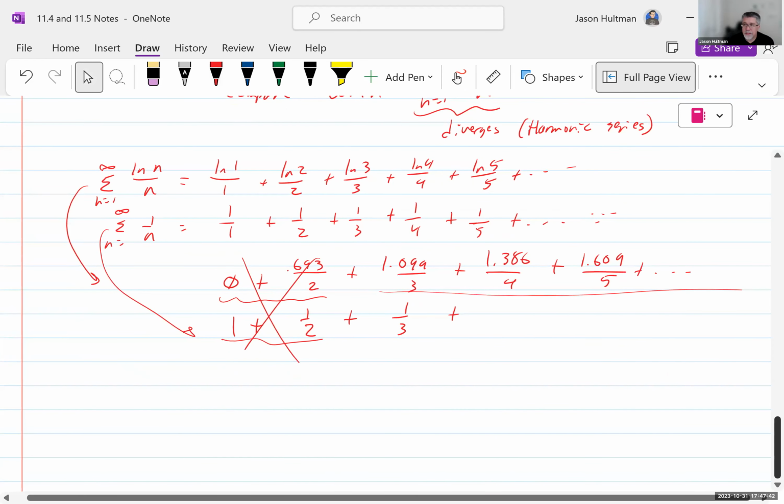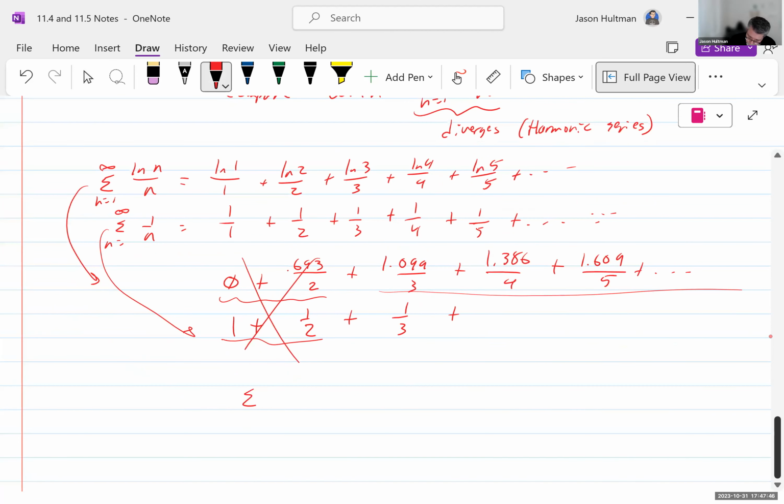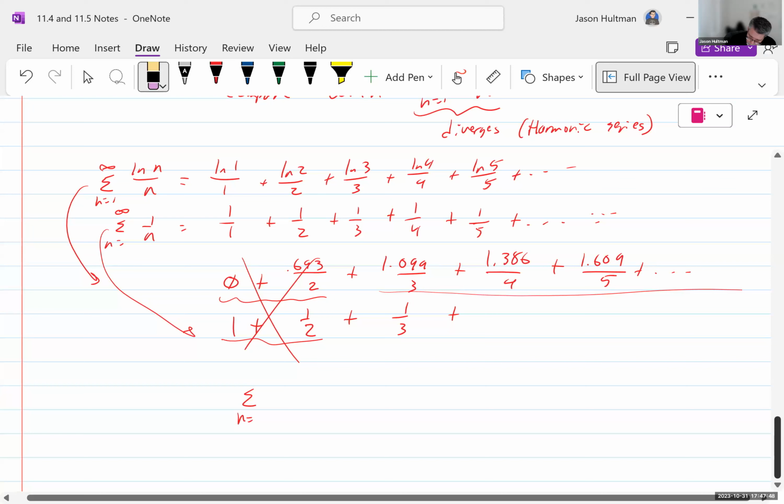Well, instead of starting with 1, I'm going to start with 3. And I'm going to say, from n equals 3 to infinity, it's okay because this thing is going to diverge anyway, the harmonic series.